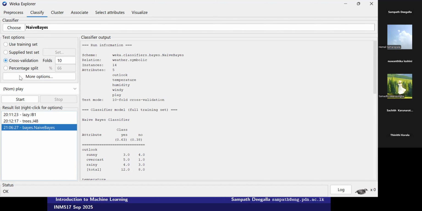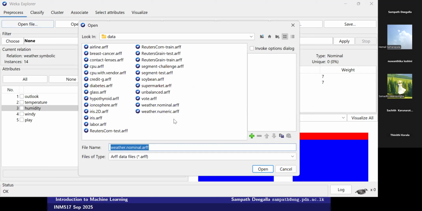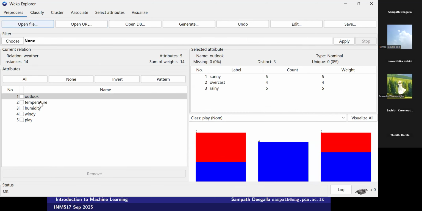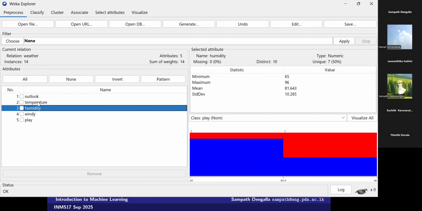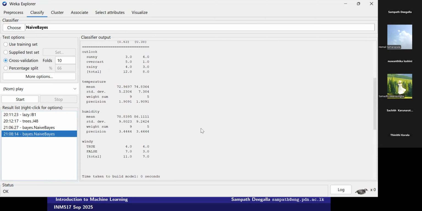Similarly, let me open up another data set. Let me open a numeric data set now. You can notice temperature and humidity, they are numeric attributes. So let me use the same naive Bayes.